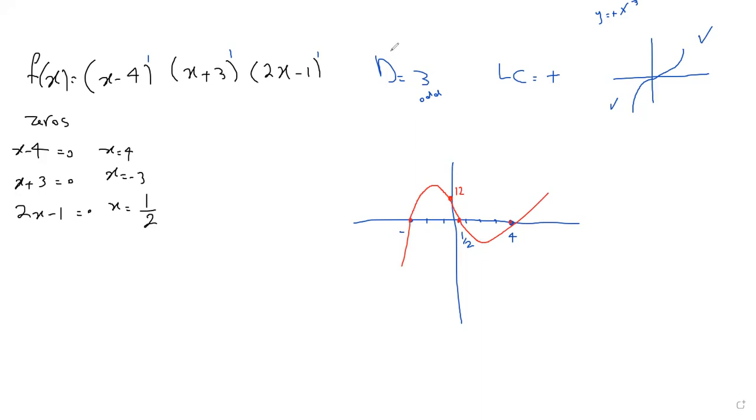So you want to do another one. f of x equal to negative (x + 5) to the power 3 times (x - 5) to the power 3. So first we find the zeros.